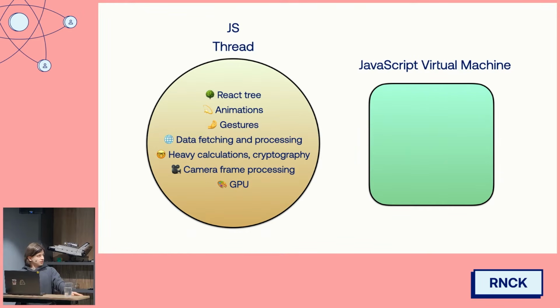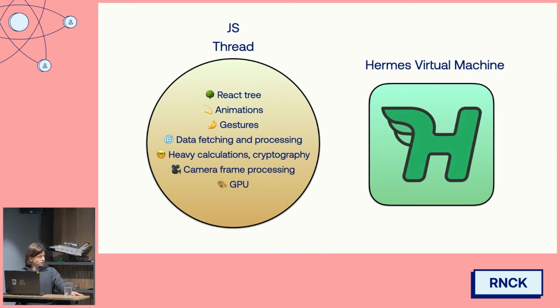And in the case of React Native, this virtual machine is the Hermes virtual machine, which in short we call just the Hermes runtime. And I personally like to call it the React Native runtime, because this is the runtime created by React Native, and this is where React lives.